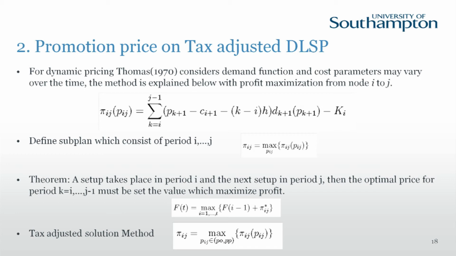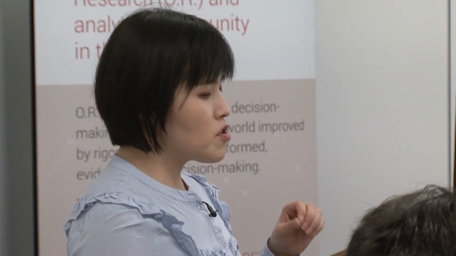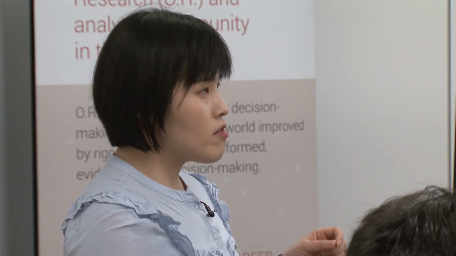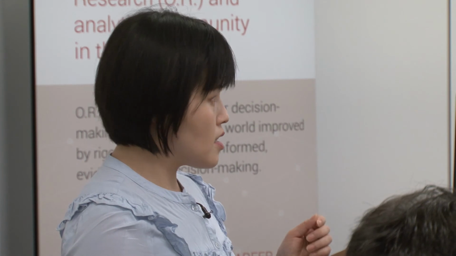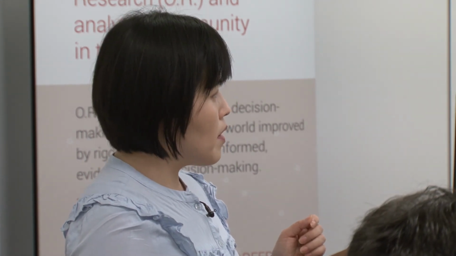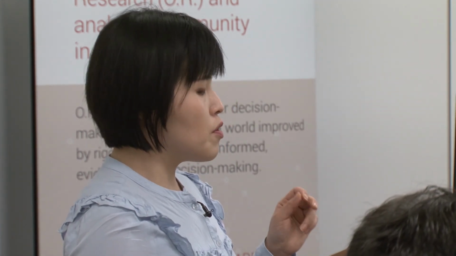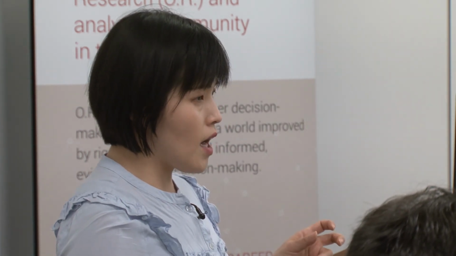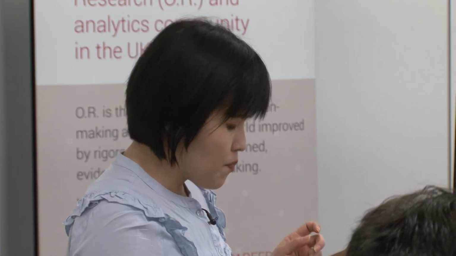In the tax-adjusted solution method we are using, we have the original price and another one for the promotion price. The promotion price is a discount from the original price, and the demand also changes with this price decision. We put it in the recursion method to find our solutions, and see whether it is different from the dynamic lot sizing problems.